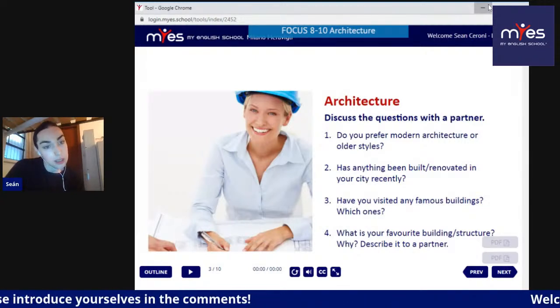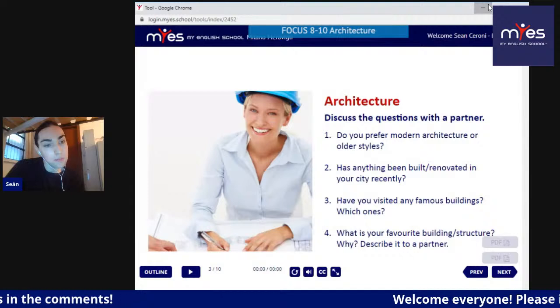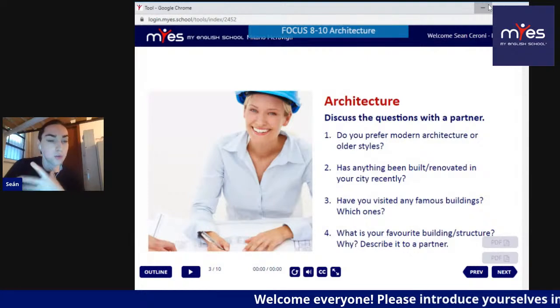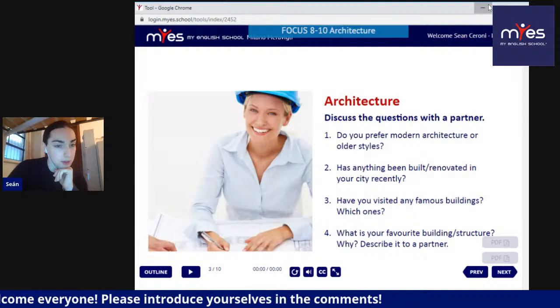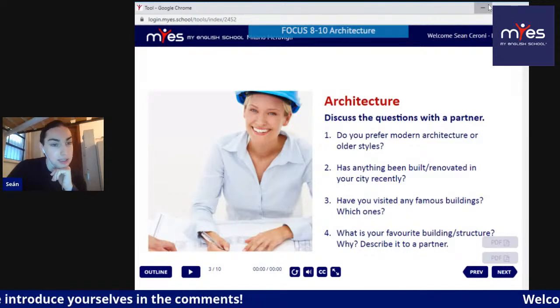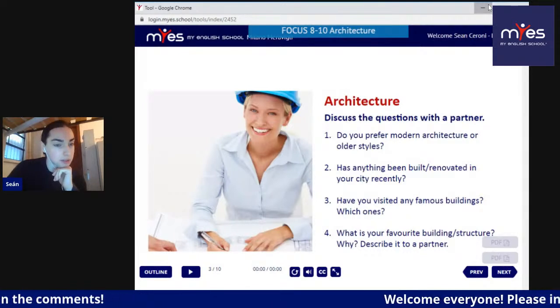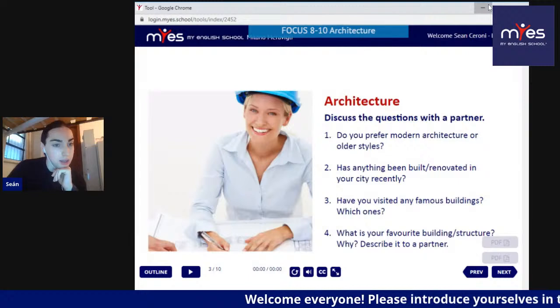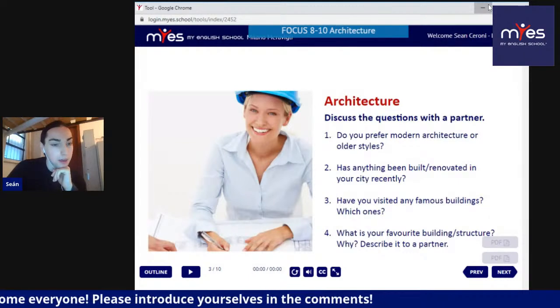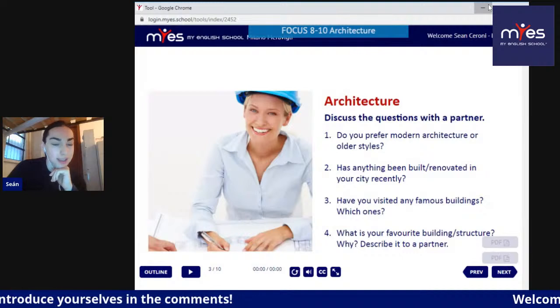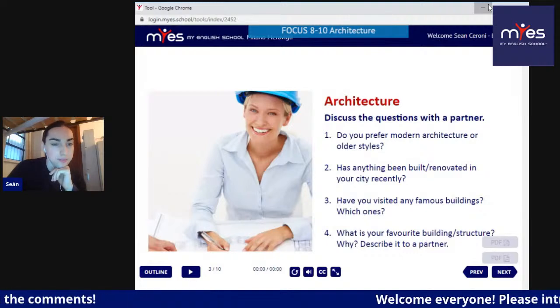I do think that maybe in the past there were more beautiful buildings being created than currently, but I still think that in this moment there's a lot of beautiful contemporary architecture, beautiful modern architecture. So yeah, it depends, I think.